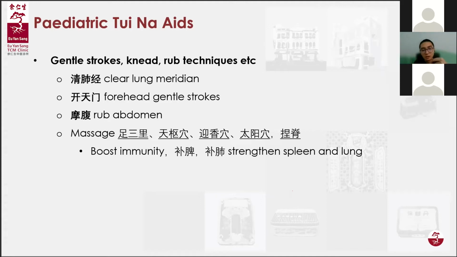Then there are some acupoints: 足三里, 天枢, 印堂, 太阳, 疟疾. Let's see how do I show? Maybe it's a bit difficult. Basically, 足三里 is below the kneecap.